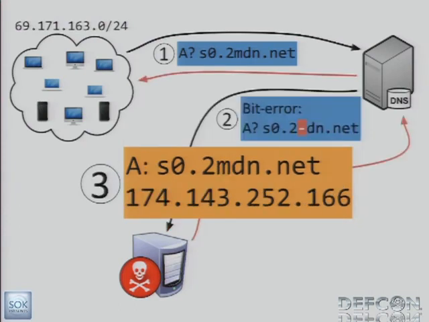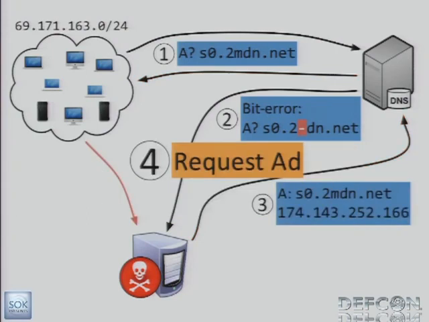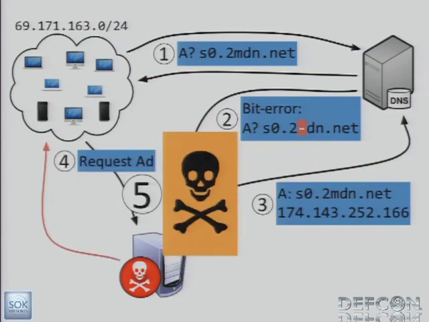If you recall from before, we always send 2 DNS replies. One of the replies we're going to send back is for s0.2mdn.net. This reply is going to, 1, get cached in the DNS server, and 2, get propagated to the original requestor, who will then request an ad from me instead of from 2mdn, and I will send him a 404, but of course you can be more creative.